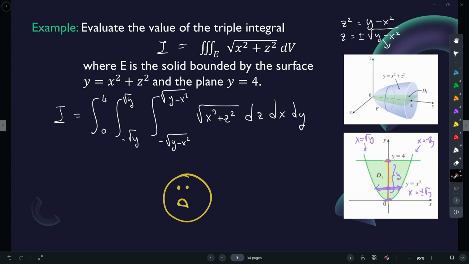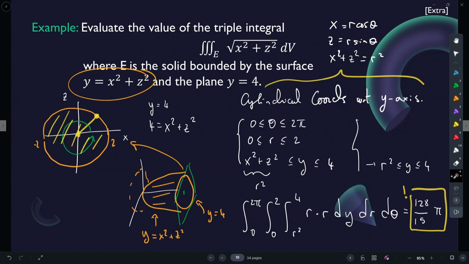When you think of an integral like this, I think of y first running from 0 to 4, because that y is the one that is not depending on anything. Then the x is running from minus the square root of y to the square root of y. And then the z values are going from a function to a function. So I do think about it as the first one is the outermost.